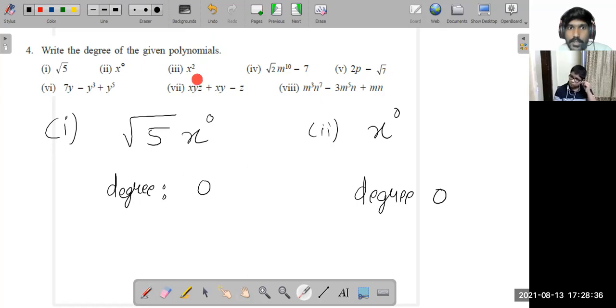What is the degree in the third one? 10, sir. Third one, this third one. 2. Third one is 2, fourth one is 10. Fifth one, this fifth one.